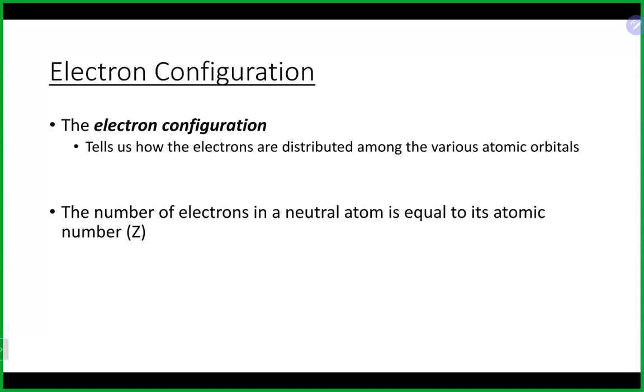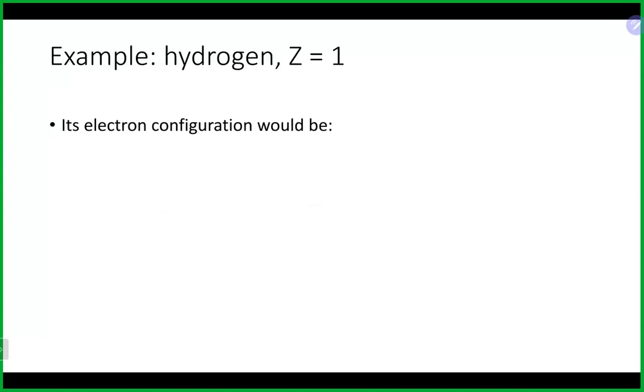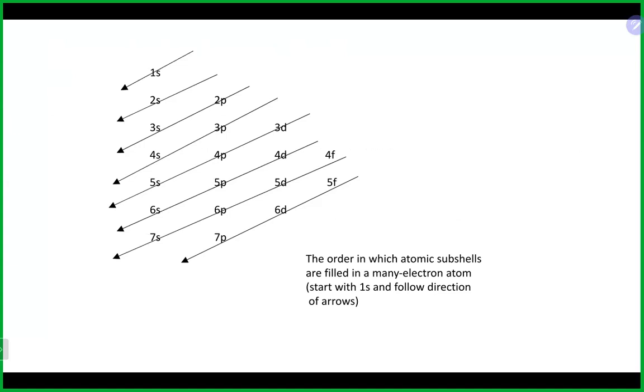If it has a charge, we'll talk about that at the end probably, but with no charge, that's how we can figure it out. All right, so let's take a look at our first one, which is hydrogen. If we look at hydrogen on the periodic table, hydrogen is number 1. Number 1 means it has 1 proton, but more importantly, it would also have 1 electron.